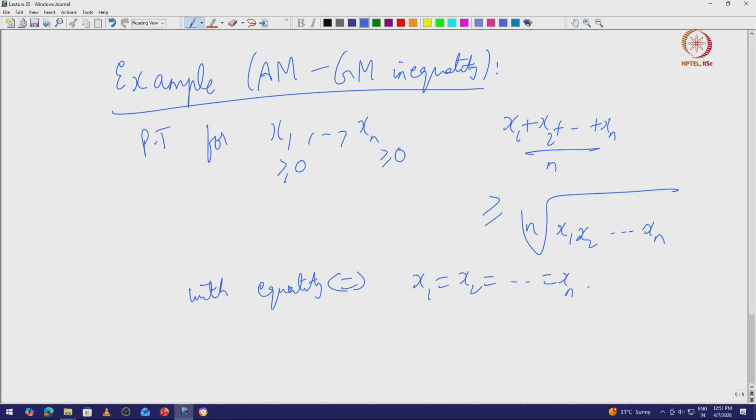This is the famous A.M G.M inequality, and like all good inequalities, it admits many proofs. This is my favorite because it gives you a general way of proving such inequalities, this method of Lagrange's multipliers.